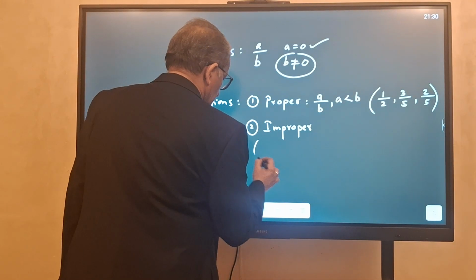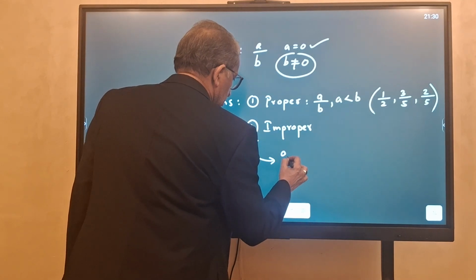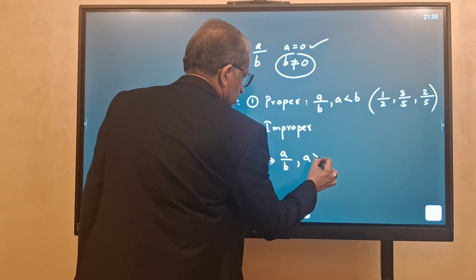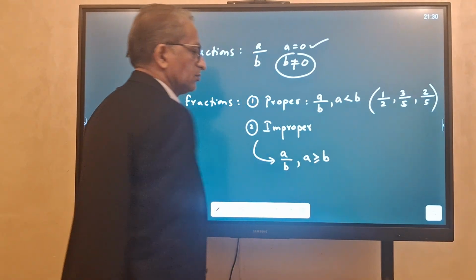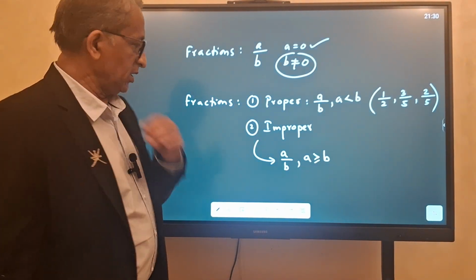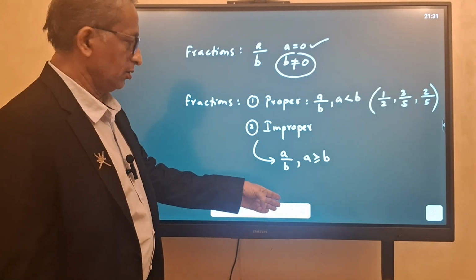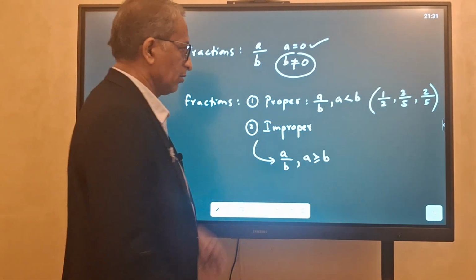What are the improper fractions? They are a by b, with a greater than or equal to b. That means the numerator can be greater than the denominator, or it may be equal.